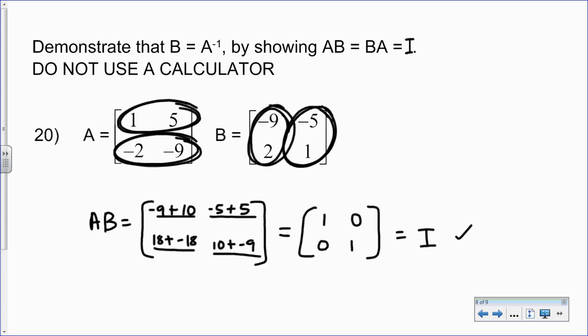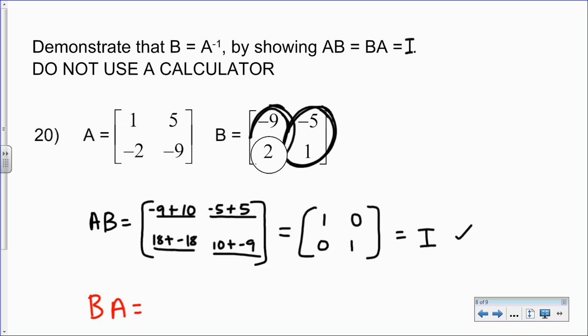Okay, so that worked. Now you have to go the other way. So you have to do B times A. Sometimes it's helpful to rewrite these with B first so you don't get confused.